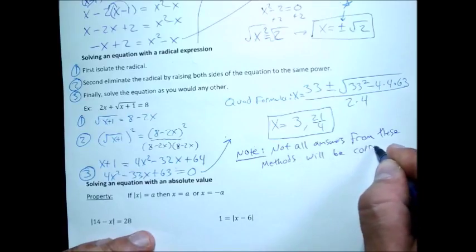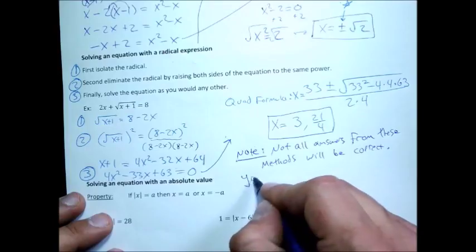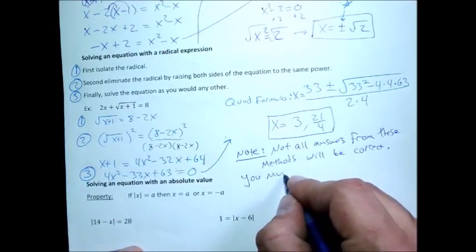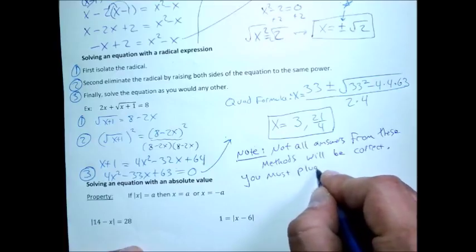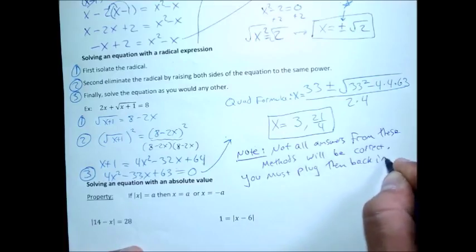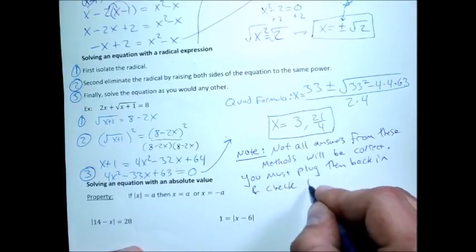So not all the answers you get from this are going to end up being correct. To see what's correct, you have to plug the number back in and see if it's true. So you must plug them back in and check their validity.